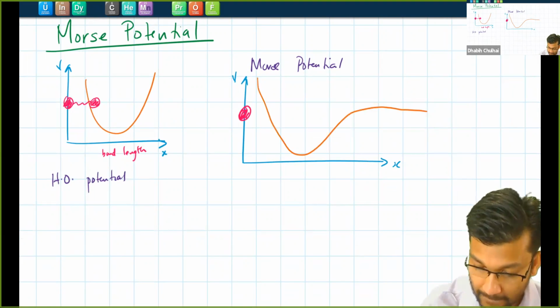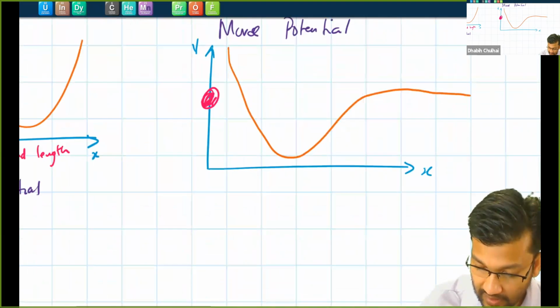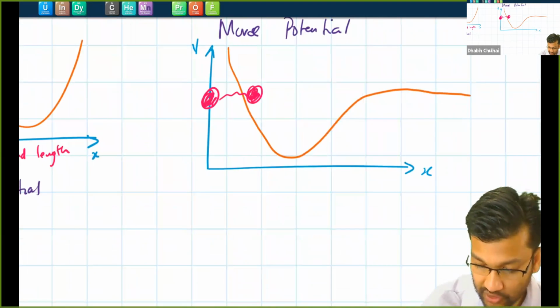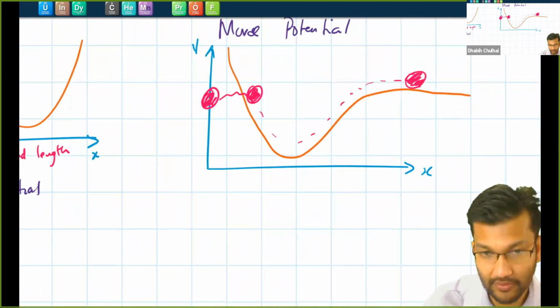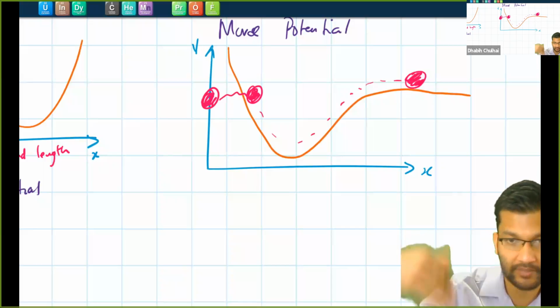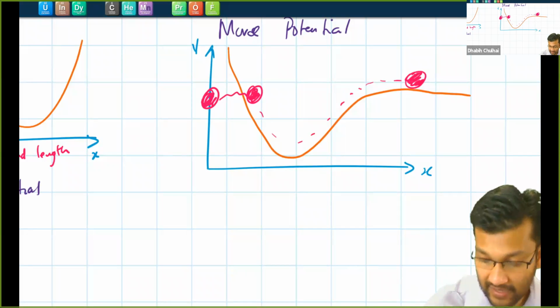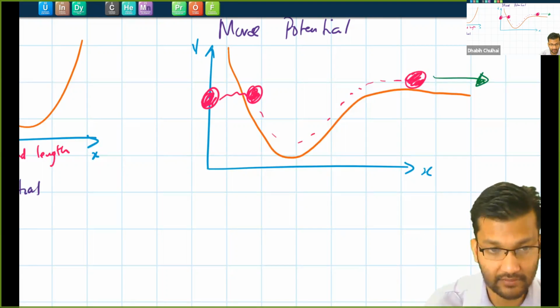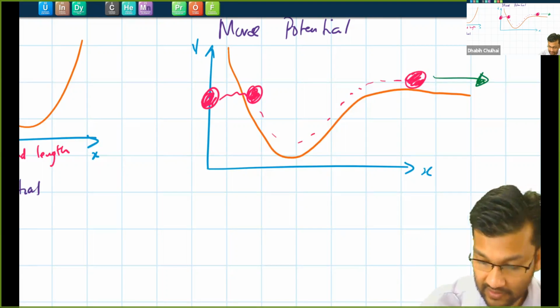So if you can imagine this second atom stretching, when it stretches over here, what happens? It's on a flat surface. There's no potential to roll it back down to the valley. In fact, when it's over here, it's allowed to continue and roll away to infinity. So here it lets you break the bond.